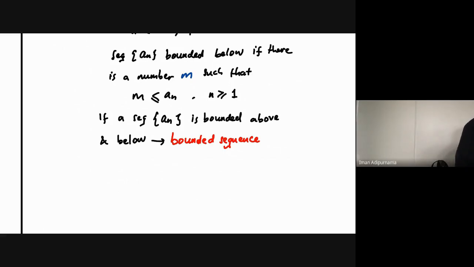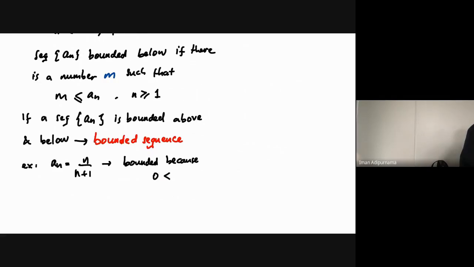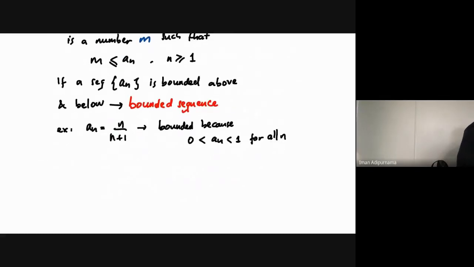For example, a_n equals 1 over n plus 1 is bounded because it lies between 0 and 1 for all n, right?